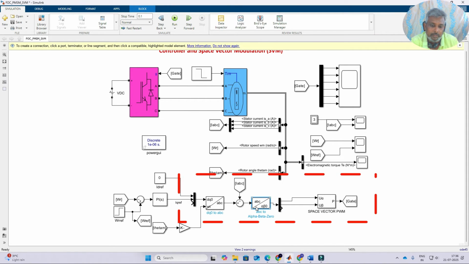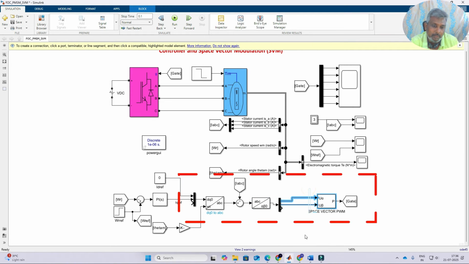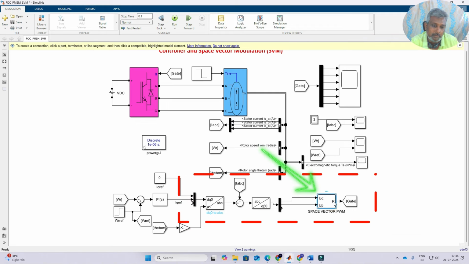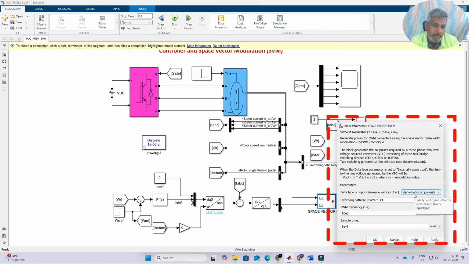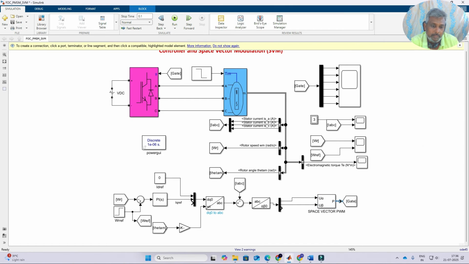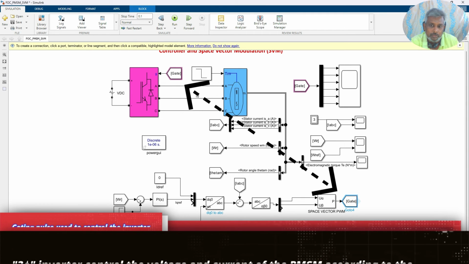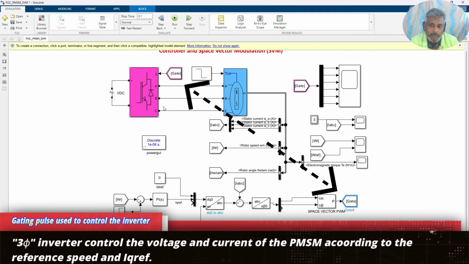That will be converted into alpha beta naught, so we are converting the three-phase vector into a two-plane quantity, alpha beta. Then alpha beta is processed in the space vector modulation, whose input is the alpha beta component. Finally we get the gating pulse, which is used to control the three-phase inverter of the PMSM.